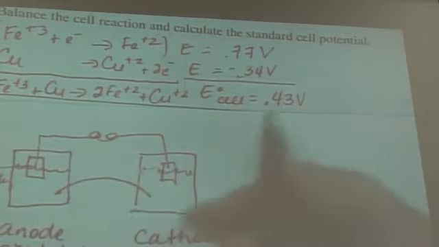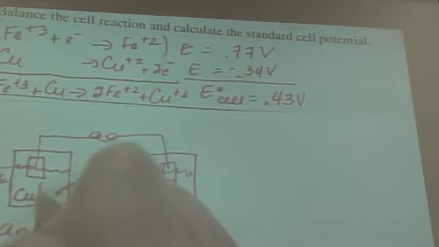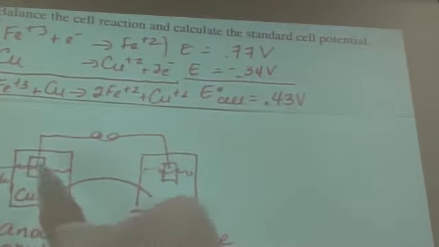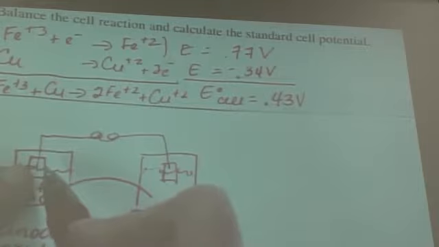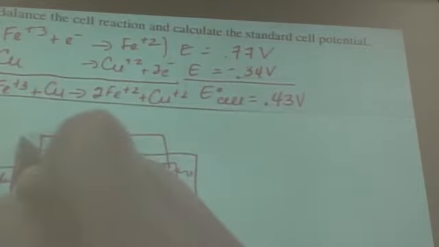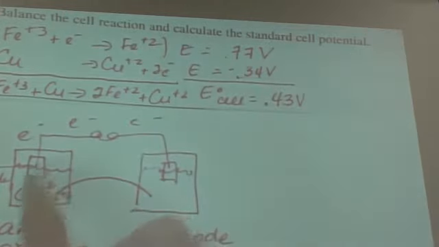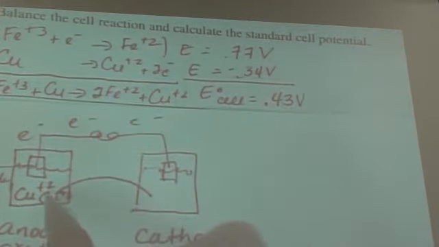And in the solution, there will be copper ions. The electrode is losing electrons and sending them through the wire, forming more and more copper 2 ions.